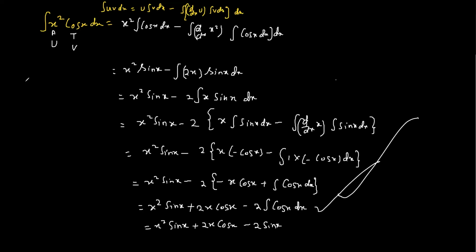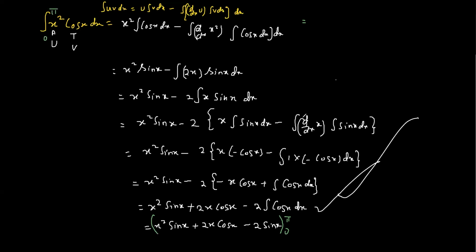Let's suppose you put the limit 0 to pi in the last term. First we put what? Pi. This is the upper limit.